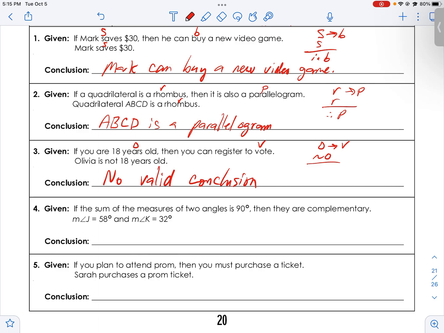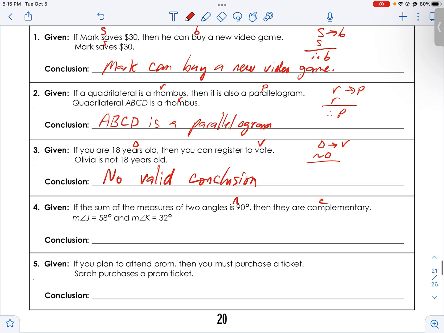Let's check out 4 and 5. If the sum of the measures of two angles is 90 degrees, I'm going to go with N for 90, then they are complementary, C. And then we are told the measure of angle J is 58 and the measure of angle K is 32.